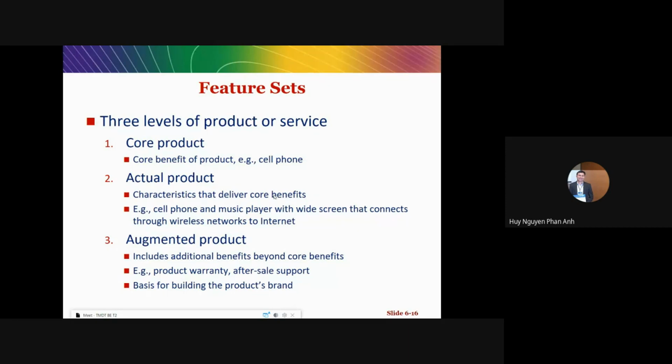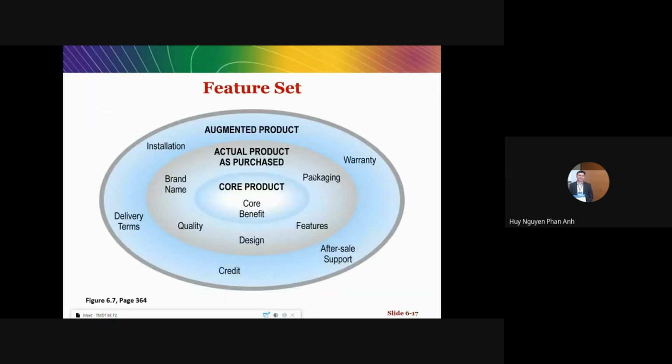And the third one is about the augmented products. It includes additional benefits beyond the core benefits, such as product guarantee, after-sales support, the basics for building the product brand. So those are the three levels of the products here.